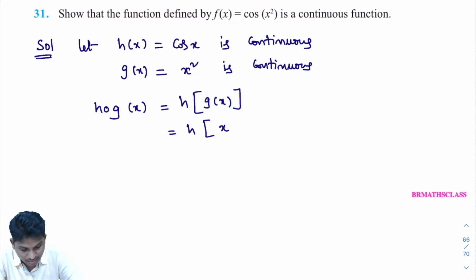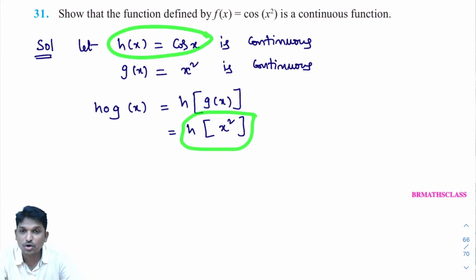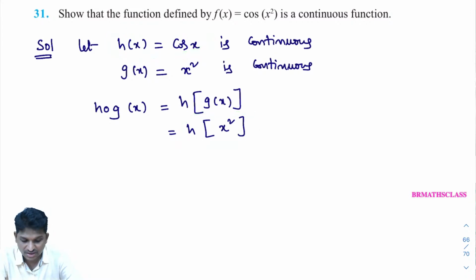Now what do I need? h of x square. What is h of x? h of x is cos x. What is h of y? h of y is cos y. What is h of z? h of z is cos z. What is h of x square? h of x square is cos of x square.